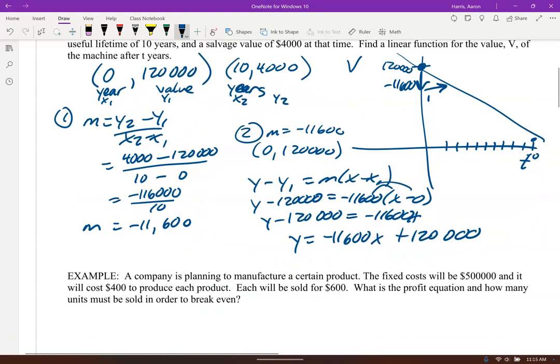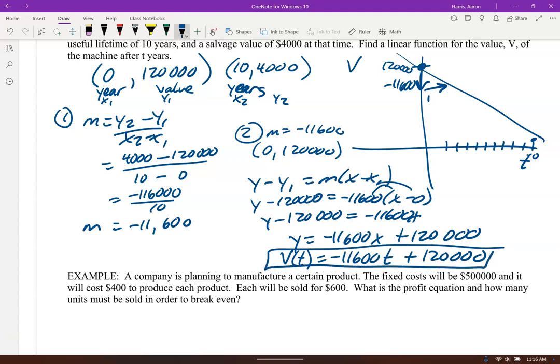Now I really should have used the value V as a function of t, with t for time in years, instead of x and y. So there's the equation for that situation.